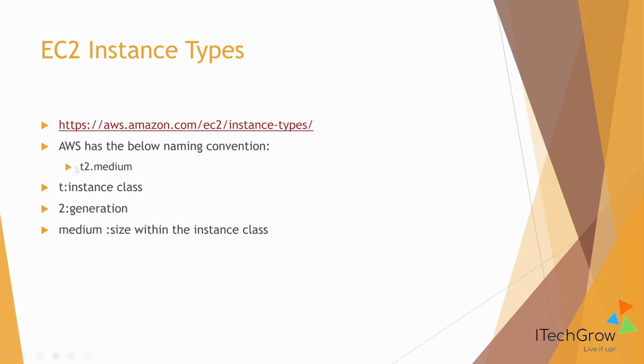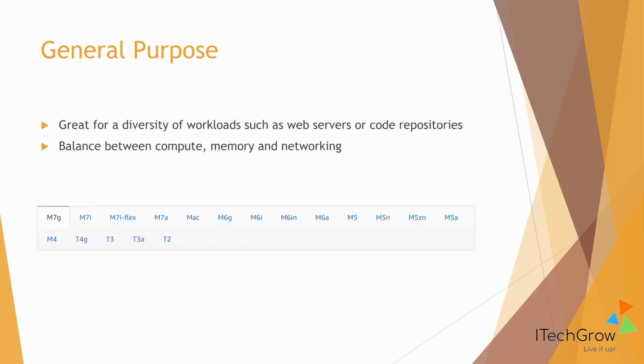If it is a T, then obviously we can consider it general purpose. Anyway, I will explain each categorization described by Amazon, so you will come to know.